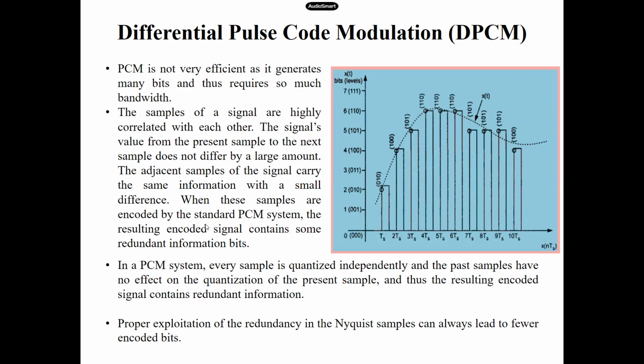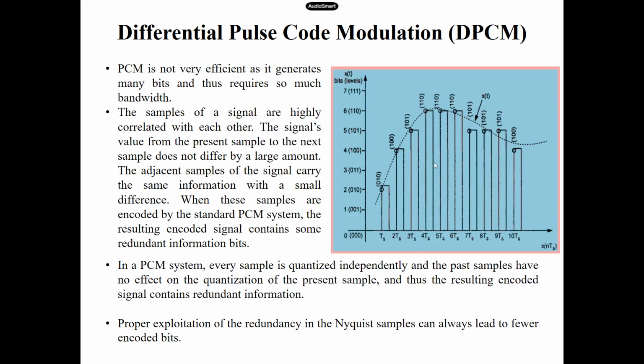When these samples are encoded by the standard PCM system, the resulting encoded signal contains some redundant information bits. In a PCM system, every sample is quantized independently, and the past samples have no effect on the quantization of the present sample, and thus the resulting encoded signal contains redundant information.